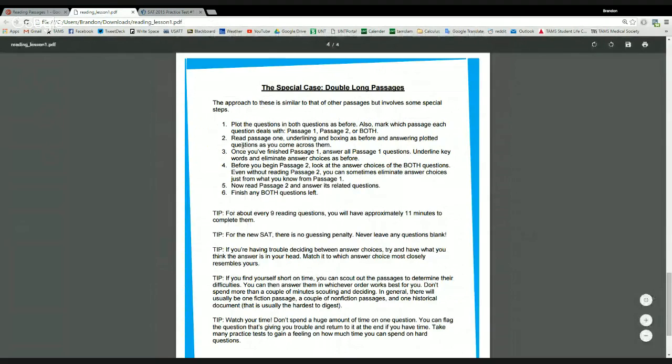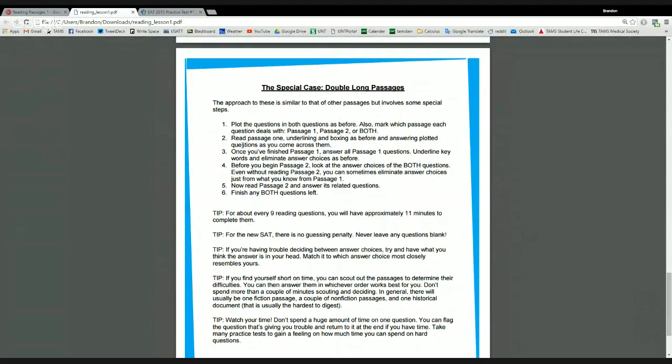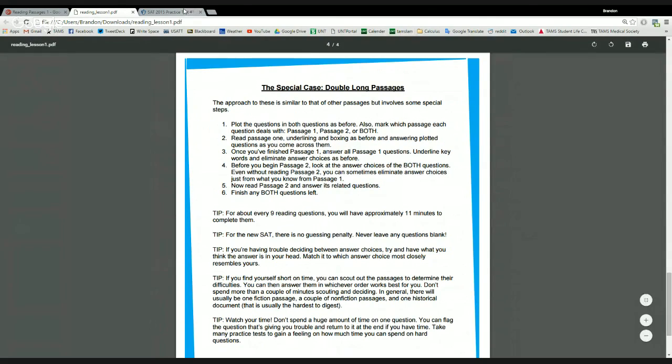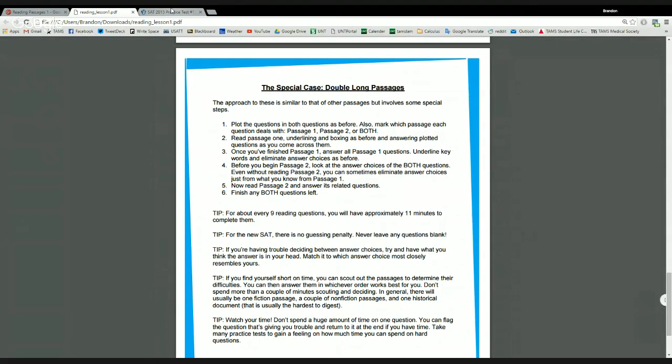So read passage 1 after you've marked the questions, and underline and box as before, and answer all the ones that you marked with a 1, meaning all the questions that relate to passage 1. Now, after you've done that, don't go straight to passage 2. You can go to the both questions, and some answer choices can actually be marked out straight away by just reading passage 1.